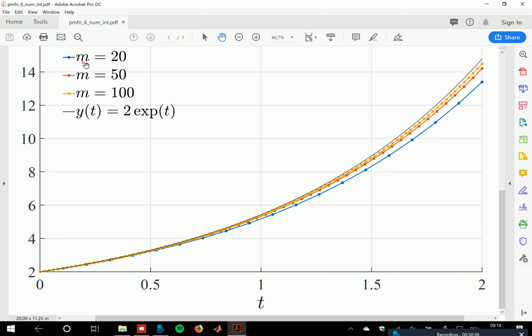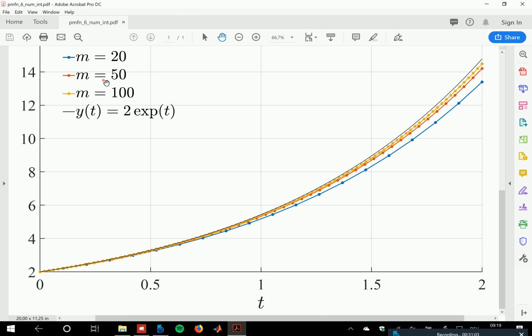So in blue I used 20 support points. You can see this blue curve where the approximated values are relatively sparse compared to the others, and you also see that the error compared to the true solution is definitely larger than the other ones, which used more support points.